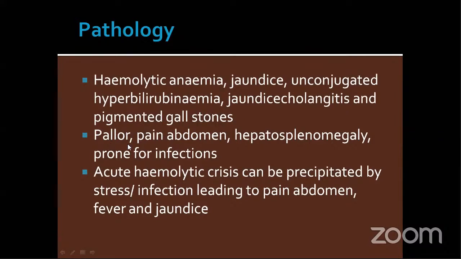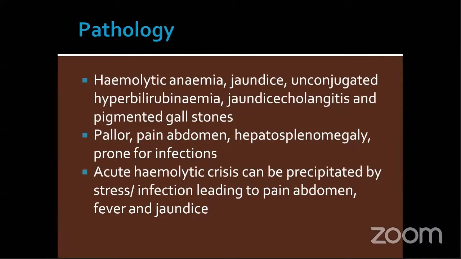The patient will be pale, with pain abdomen, hepatosplenomegaly, and they are more prone to infections. There is also something called acute hemolytic crisis. It can be precipitated by any mild stress, psychological or physical stress, or any small infection, a small tooth abscess or periodontitis.